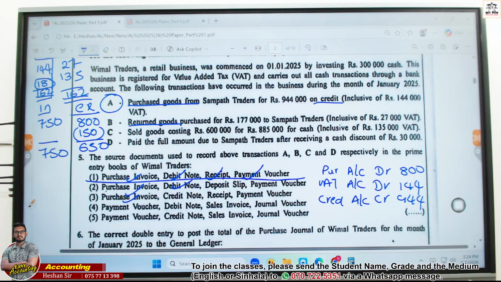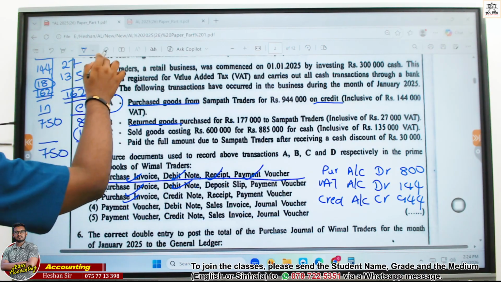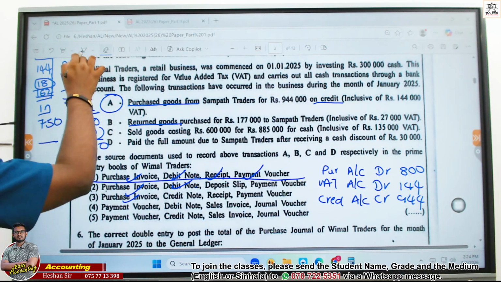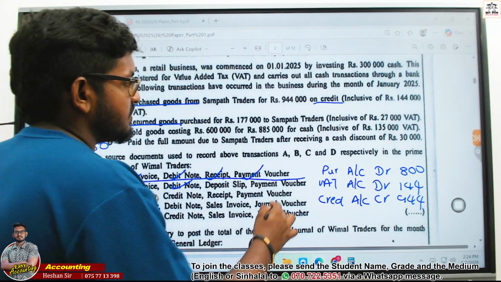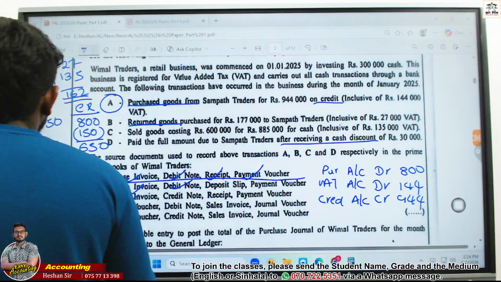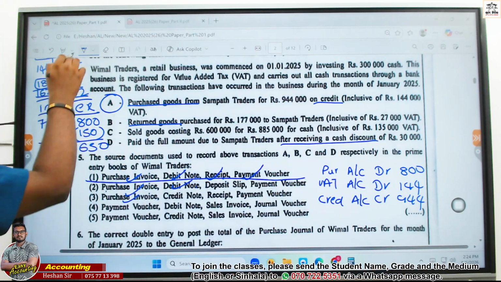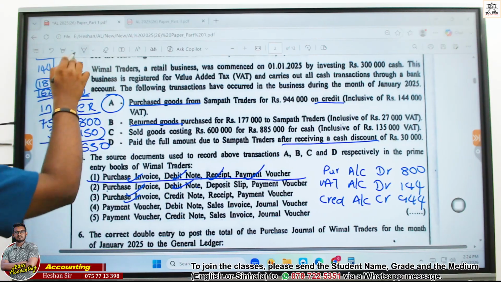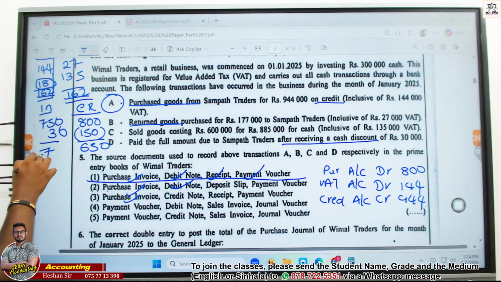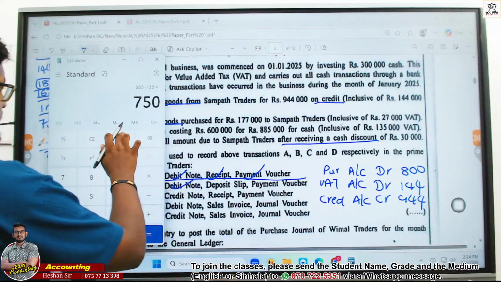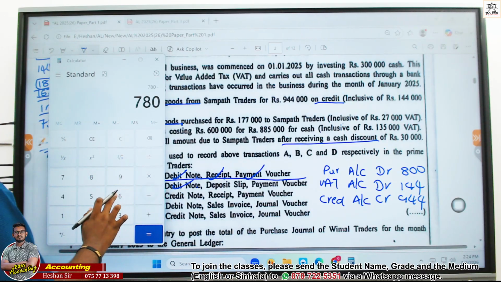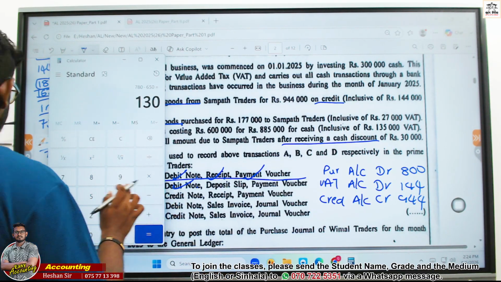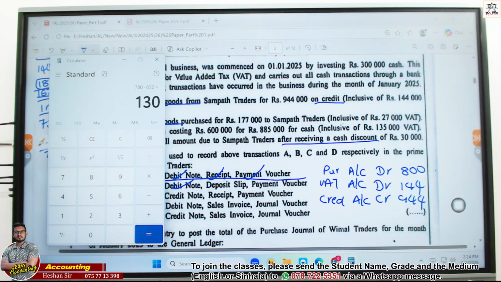There is a 100. Discount received. Discount received is an income. Send me a thumbs up. Discount received is an income. 780. 780 minus 650, how much? That is 130.